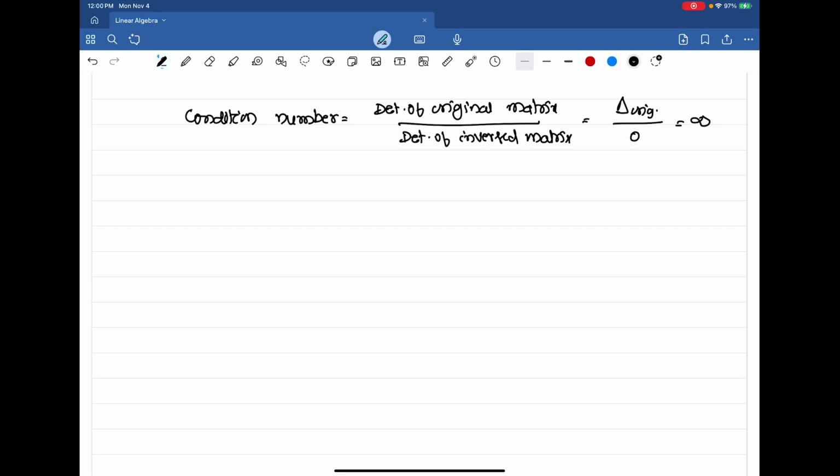Condition number can be dealt with in advanced matrices, not actually in the GATE syllabus, but however, I have given a small introduction about it. By chance, if it is asked in the examination in this type of tricky example, you can definitely answer this question like this.